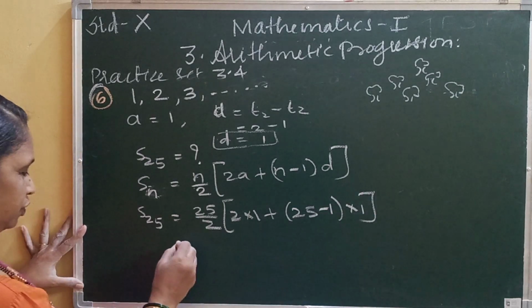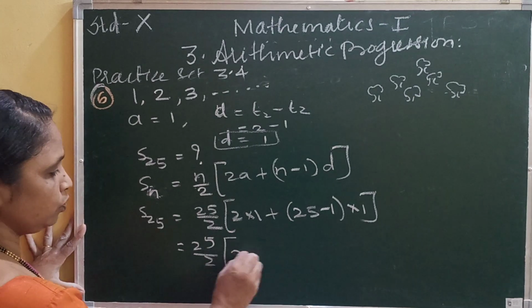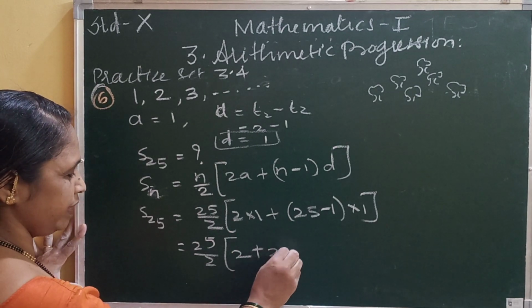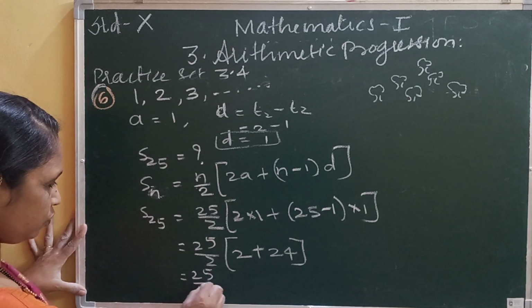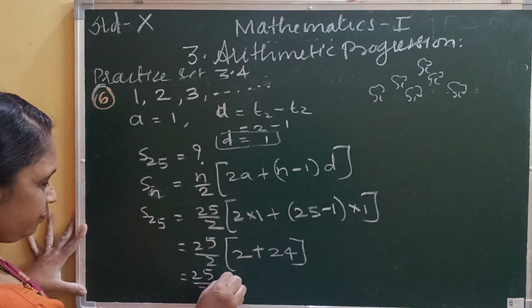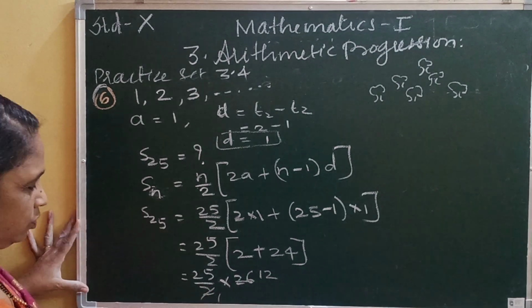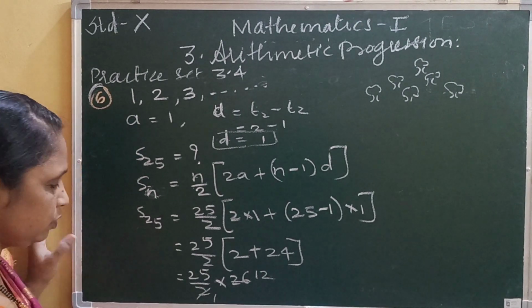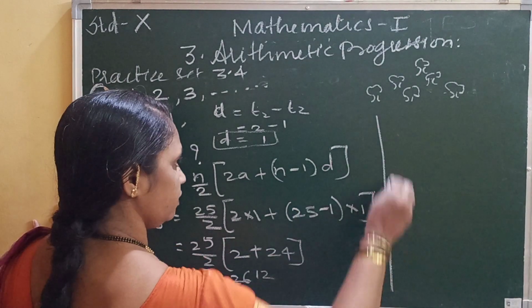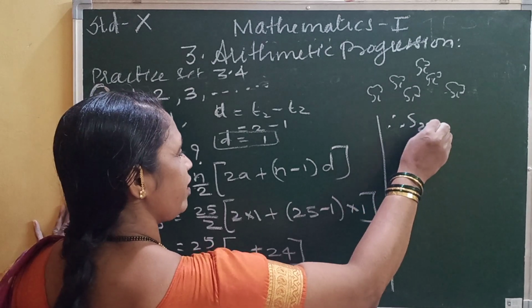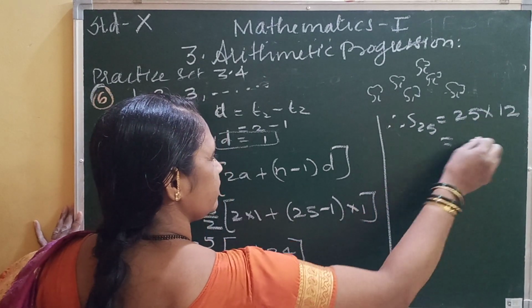See how easy this calculation is. 25 upon 2 into 2 plus 24, which is 25 upon 2 into 26.